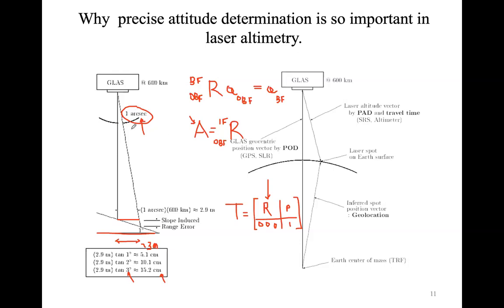We have to take into account that we will need a specific orientation knowledge, but on the other hand, an easy answer for all missions would be, okay, let's put star trackers on the spacecraft. They will provide milliarcsecond knowledge of the attitude, and so we are able to determine the attitude correctly.